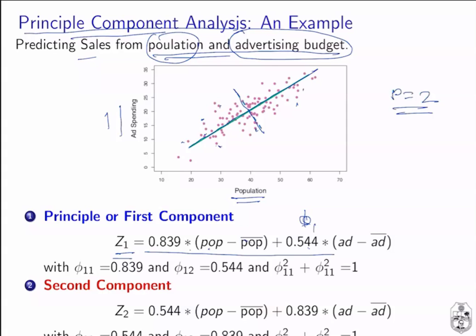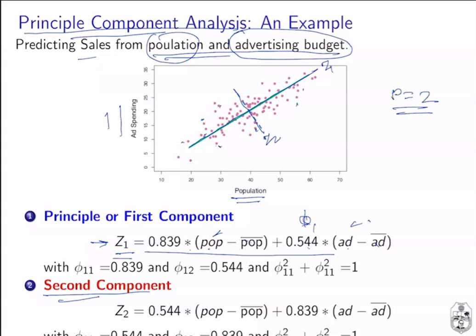Ad means advertising budget and ad bar means the mean of the advertising budget. Z1 is one component, the linear combination of the input features, which here are the population and the advertising budget. Similarly, there is another component called Z2.